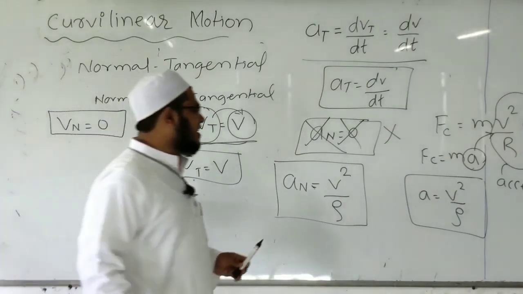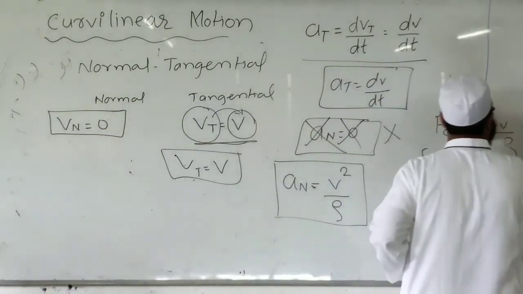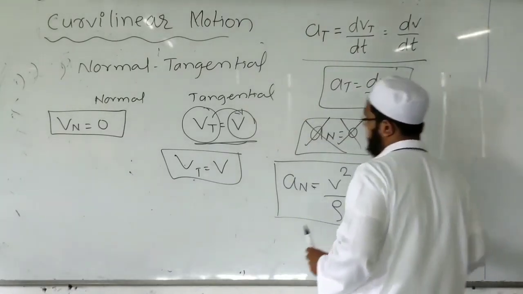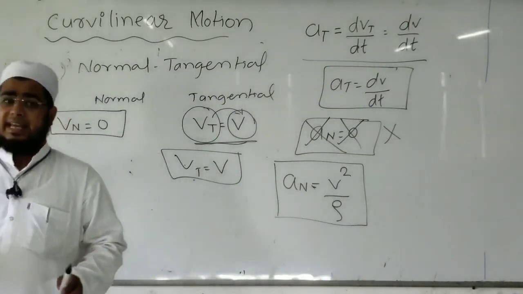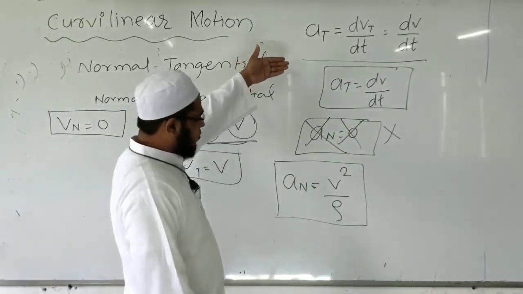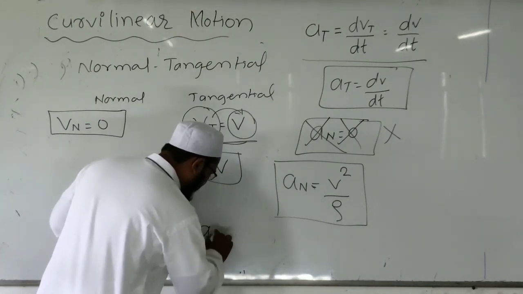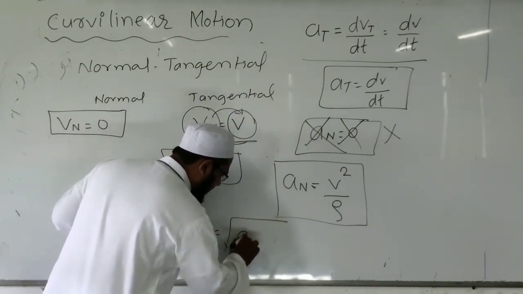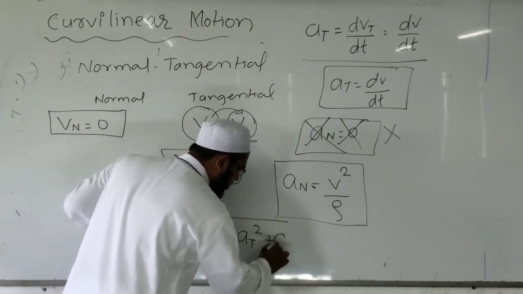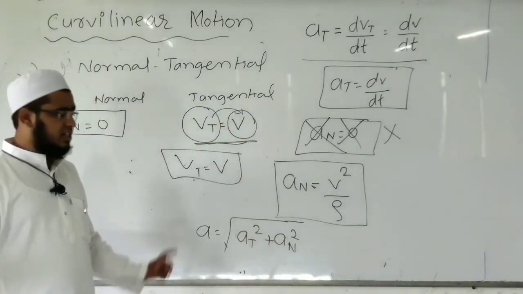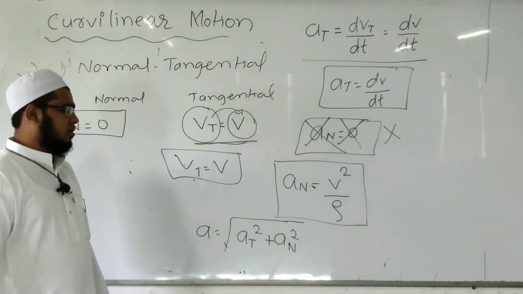So now the acceleration has two components. The first component is at, and the second component is an, and both have values. So if I require the total acceleration a, then it must be the square root of at square plus an square.